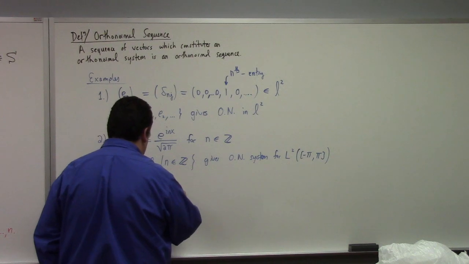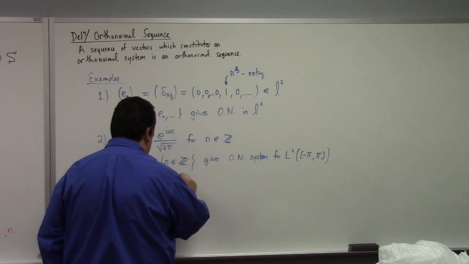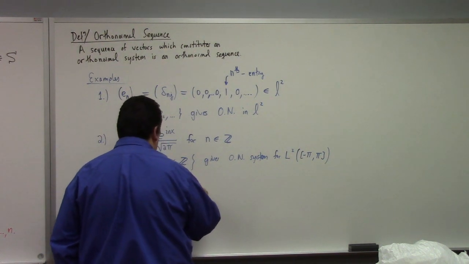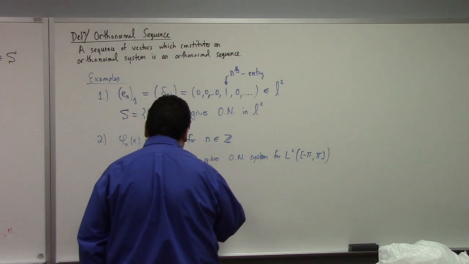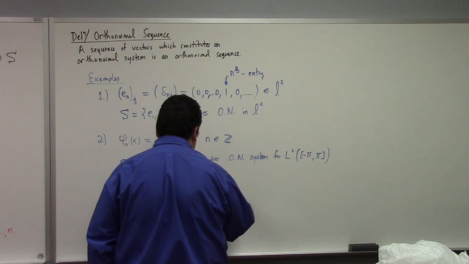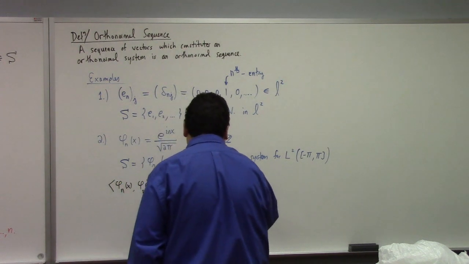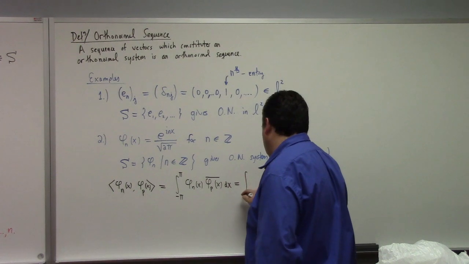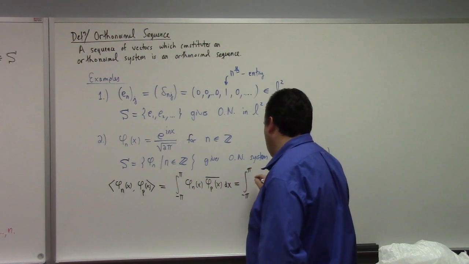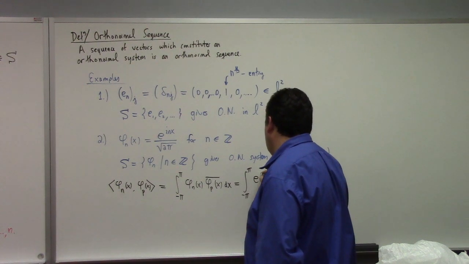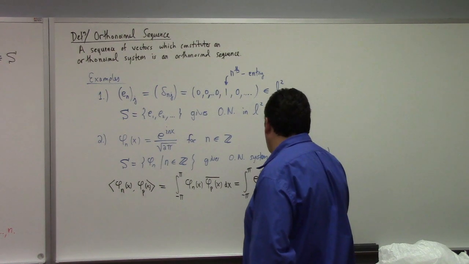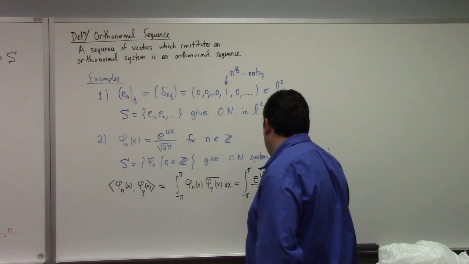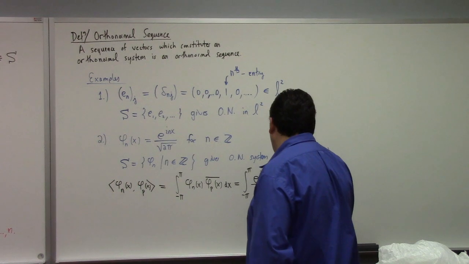So that would be equal to the integral from minus pi to pi, right, of phi n of x, phi p of x conjugate dx, which is equal to the integral from minus pi to pi of e to the i (n minus p) x over 2 pi dx.